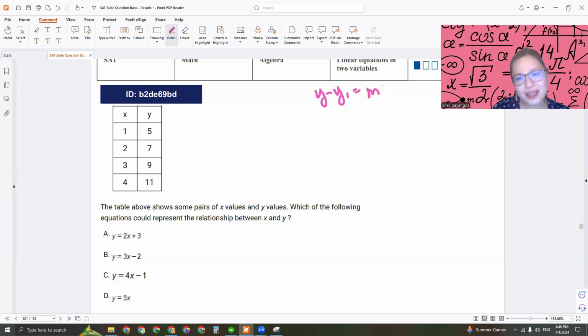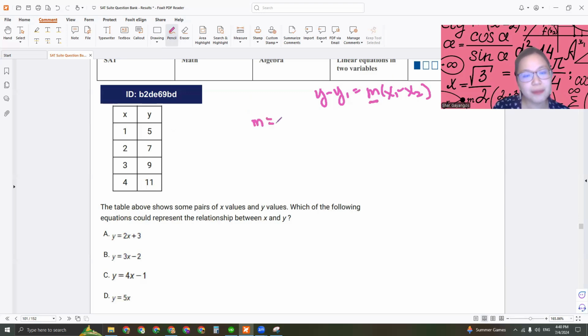I'm happy that I get to use this already, because I haven't gotten the chance to show you how to apply this quickly in an equation. So let's go ahead and work on this. First, we need a slope.